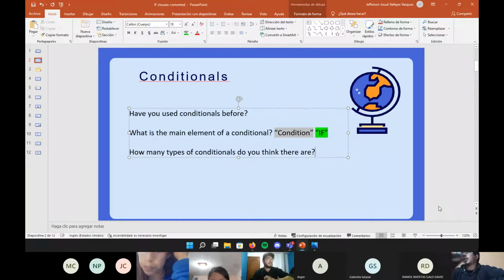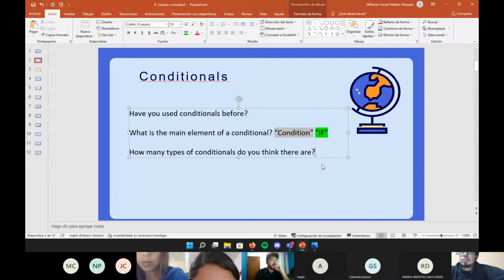How many conditionals do you think there are? ¿Cuántos conditionals tenemos? Más o menos. Are you there? Three or two. Okay, I don't know, 3 or 2.